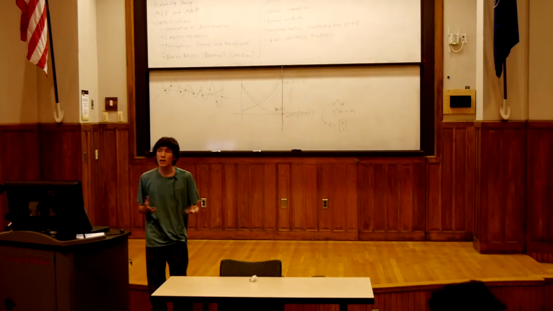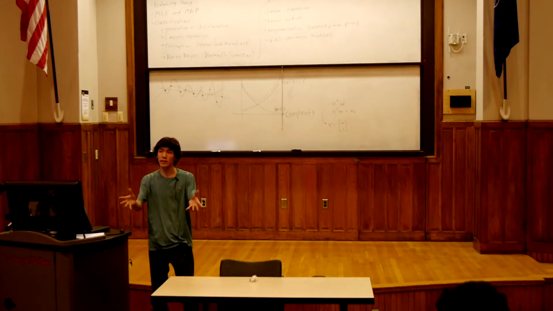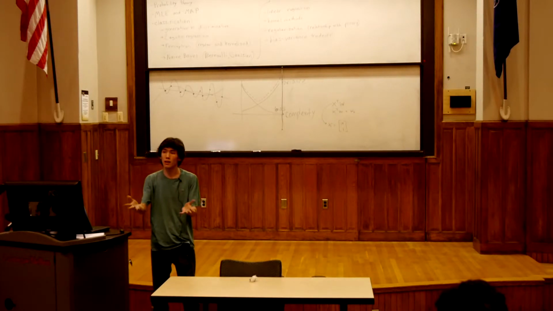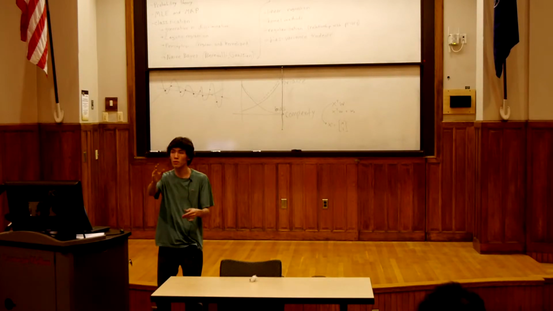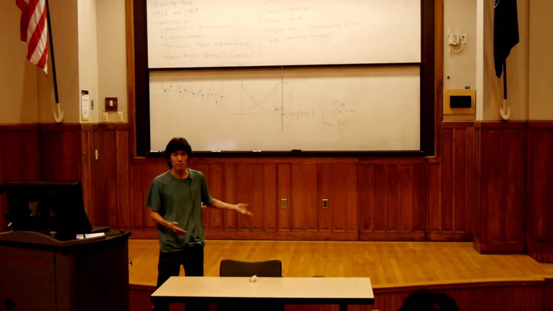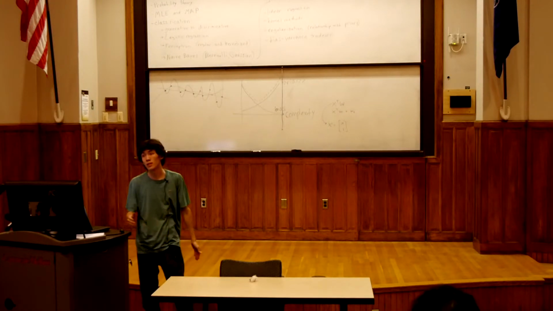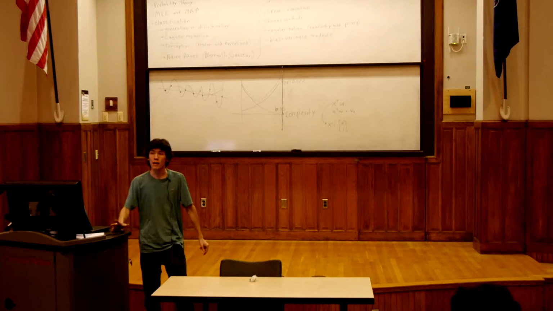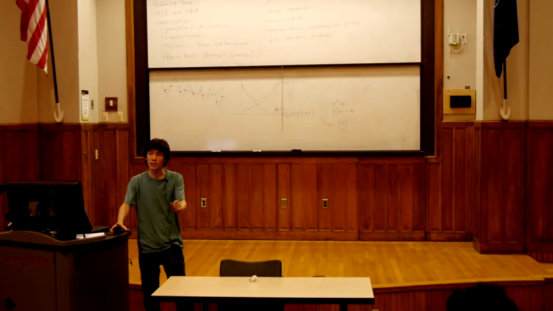Suppose I give you a set of training data, and I ask you to fit that training data to the model, like a polynomial regression, for example. And then I give you a completely different training data set that I picked randomly, and I ask you to do the same thing again.